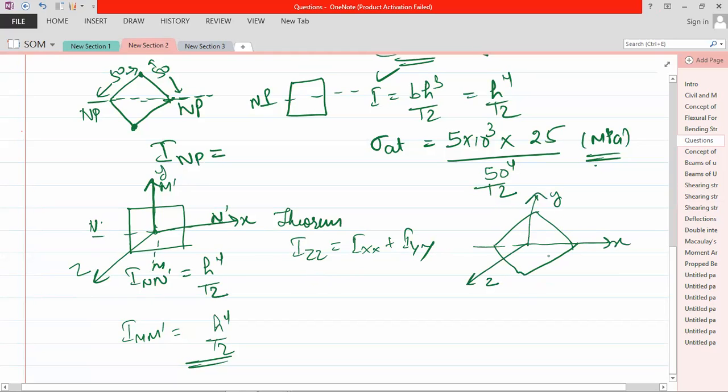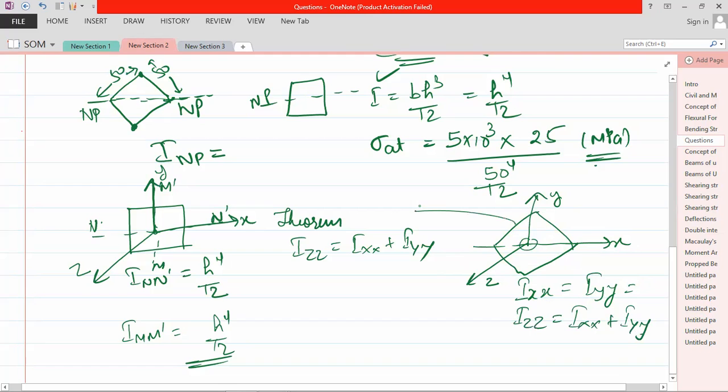In that case, because of symmetry, you can see that Ixx is equal to Iyy. If you have any doubt, you can ask. Because of the symmetry, diagonal lengths are equal and all sides are equal. Hence, if you rotate it any number of times, Ixx should be Iyy. Now, perpendicular to the z, you can write here also Izz is equal to Ixx plus Iyy.